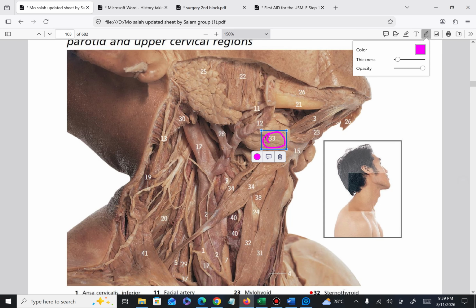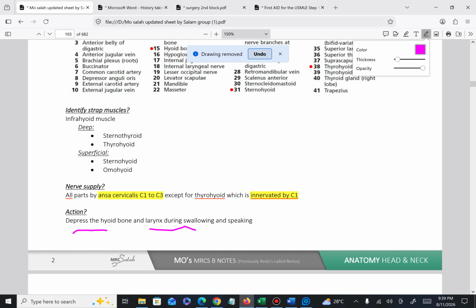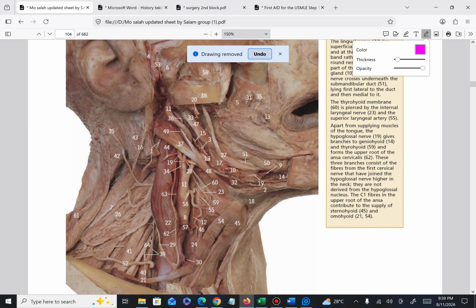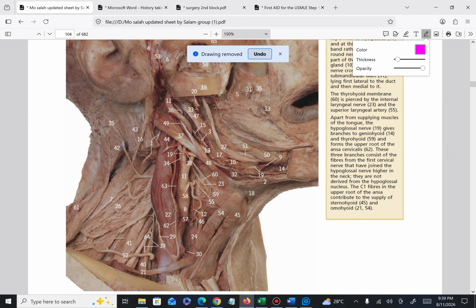The submandibular triangle contains the submandibular gland plus vessels and nerves, which are the lingual nerve and the hypoglossal nerve. On number 27, this is the lingual nerve. On number 19, this is the hypoglossal nerve.